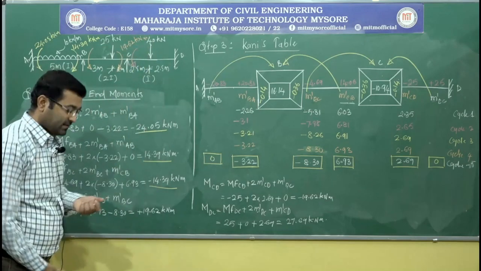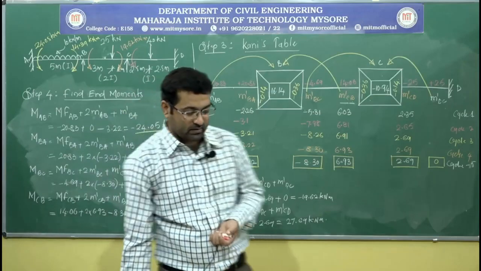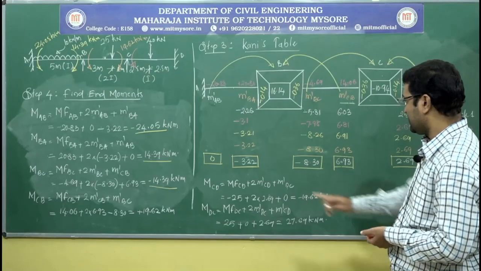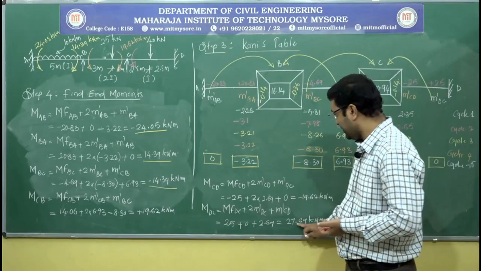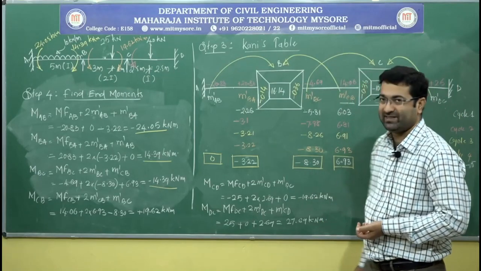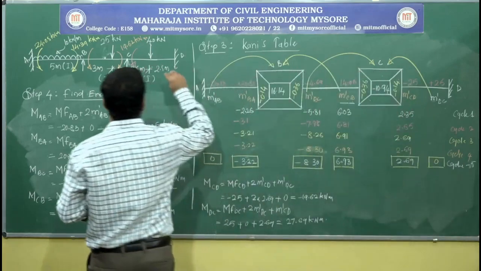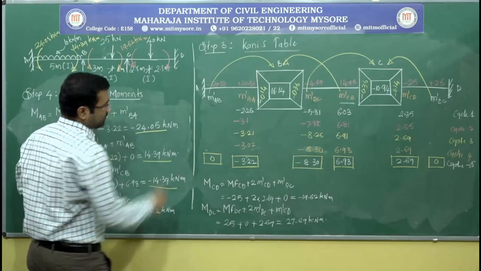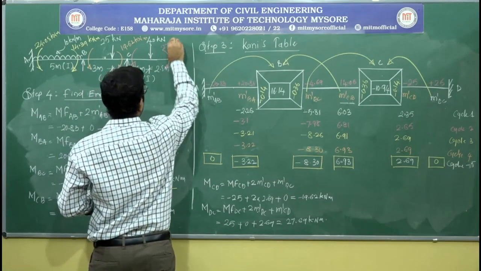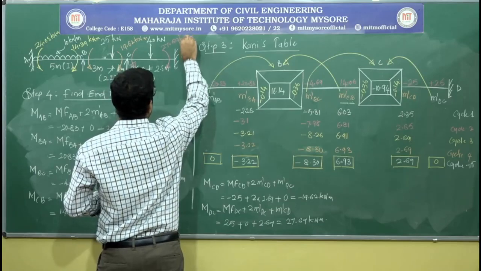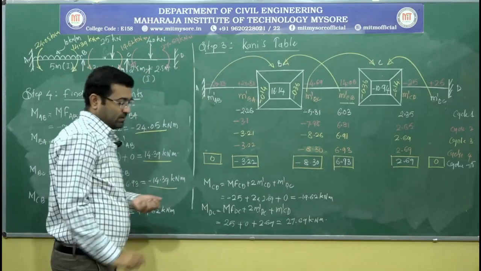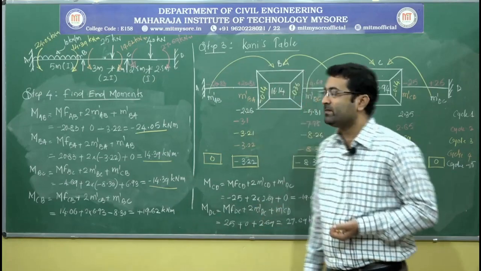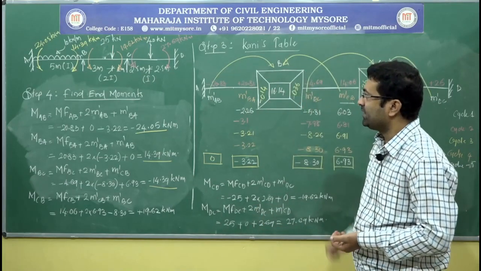For both it is the same, 19.62. One is clockwise, another one is anticlockwise. And lastly, for DC, it is plus 27.69, so it is clockwise, 27.69 kilonewton meter. So this is how we need to represent the loadings in the main diagram.